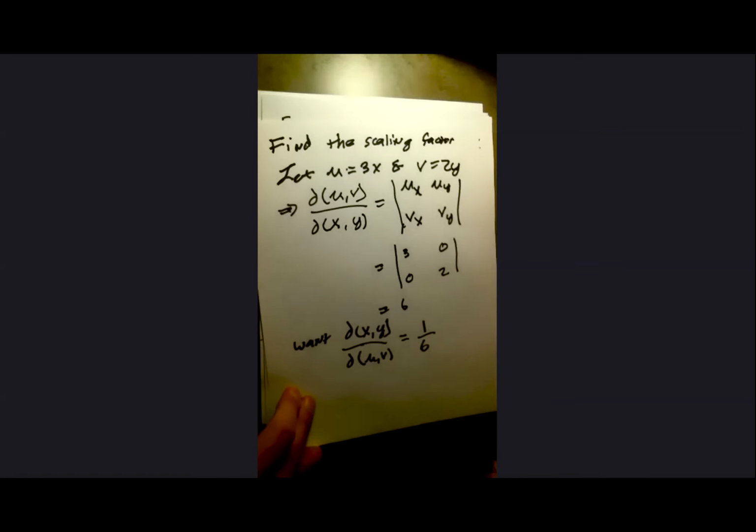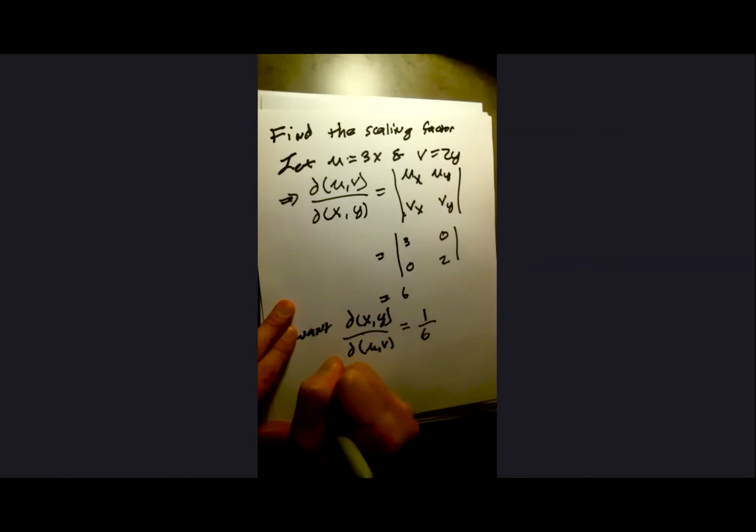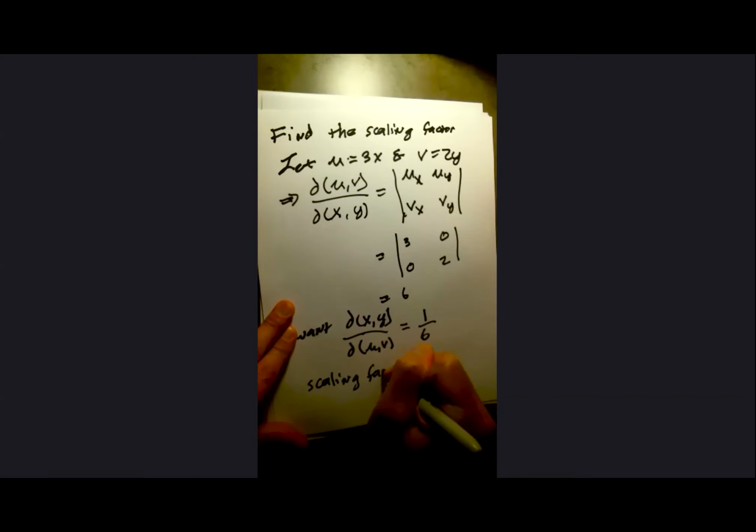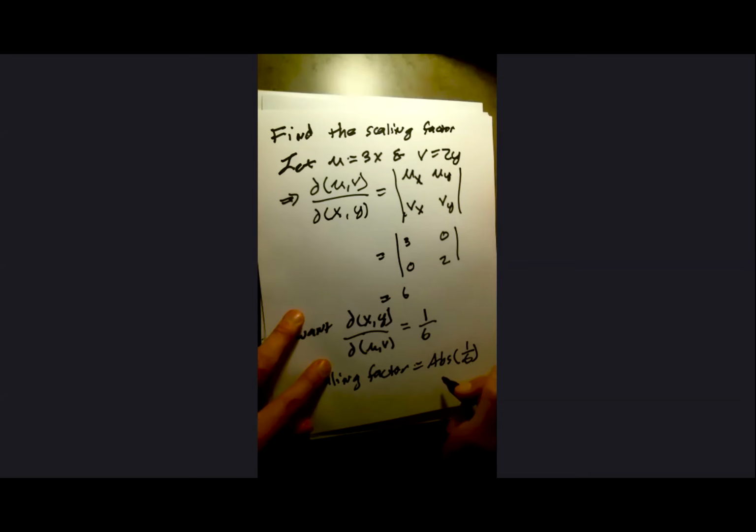Our scaling factor is going to equal the absolute value of 1/6, which is 1/6, but I want to make a big deal about the absolute value so that you don't get derailed or surprised if it happens to change on you somewhere down the road.